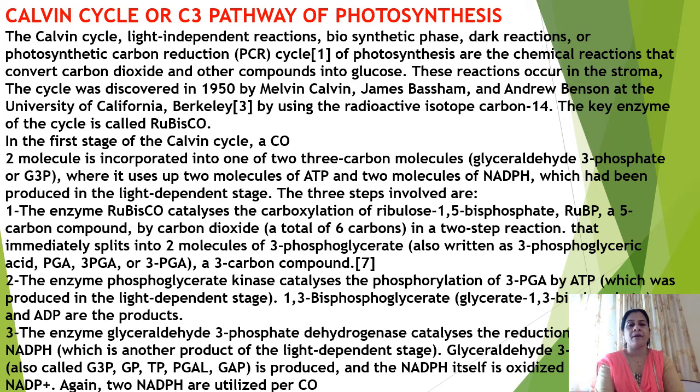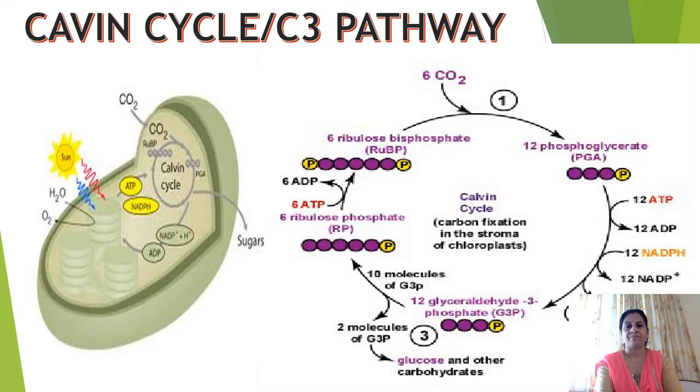The first stable product is a 3-carbon compound, hence it is called the C3 pathway. It is also called the biosynthetic pathway because it is governed by enzymes. So this is the site of the Calvin cycle, which occurs in the stroma, where CO2 is fixed by RUBP, ribulose biphosphate, which is a 5-carbon compound.